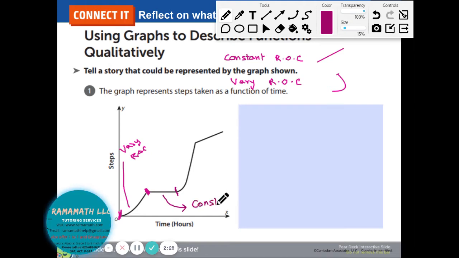That's right, constant ROC, rate of change. And same way, from here to here, it's going to be vary rate of change. And then the final piece is constant.